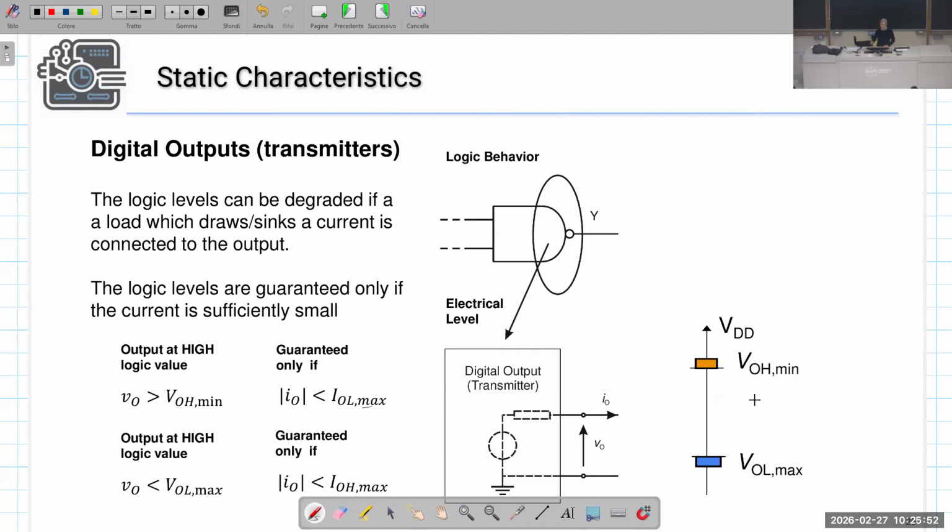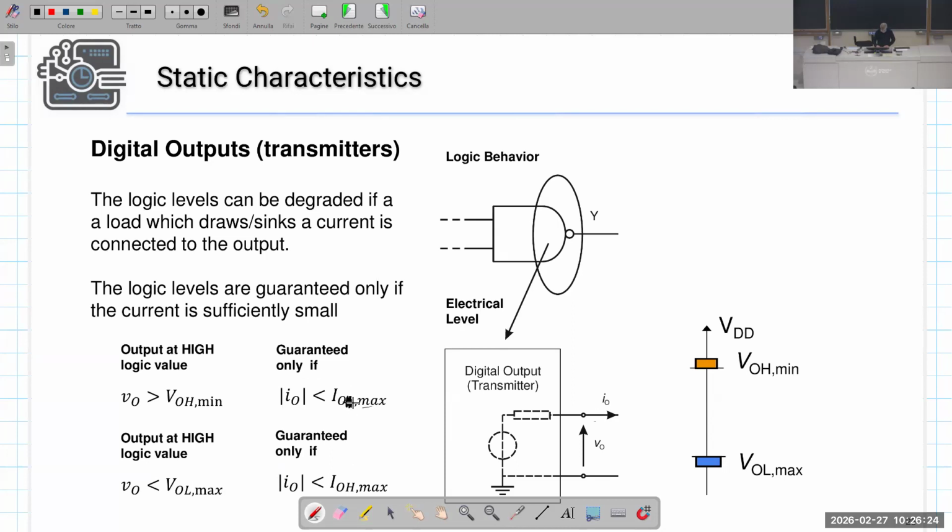This is what we discussed before. The output is guaranteed to be larger than a minimum VOH value only if the current in magnitude that is delivered or absorbed by the gate is smaller than the maximum IOH.